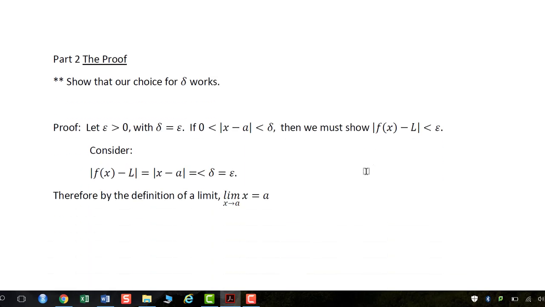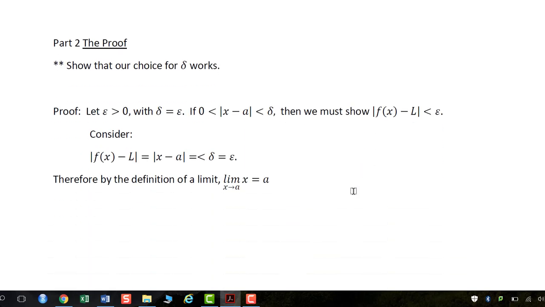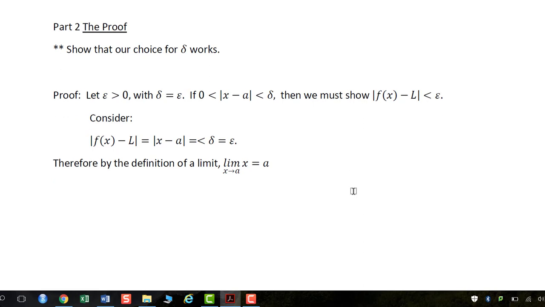The second part, the actual proof. What we're going to do is show that our choice for delta actually works. We always write delta epsilon proofs the same way. We write proof. Then we write let epsilon be bigger than 0 with delta equaling whatever our choice is for delta.